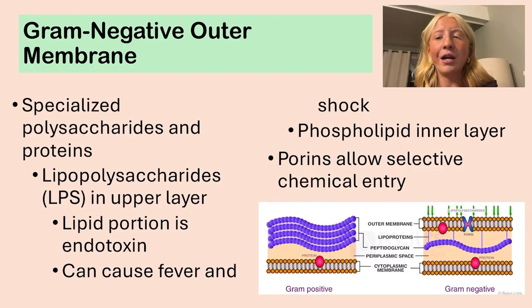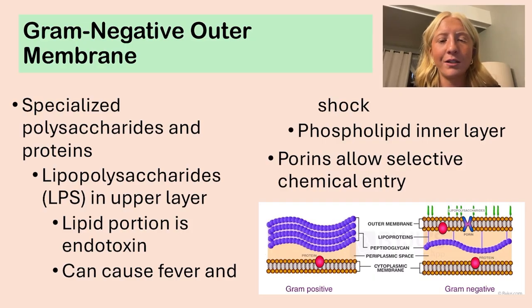The innermost layer of this is made up of phospholipids, and it also has porin proteins. I don't think they're on the image, but these help control what substances can enter the cell, and it maintains how selective it is.